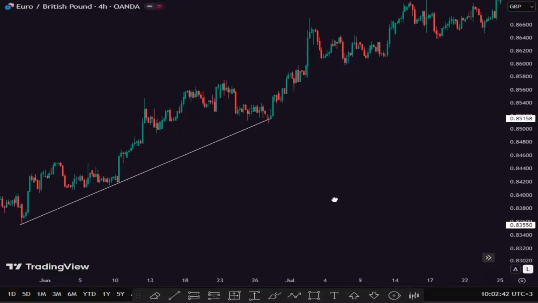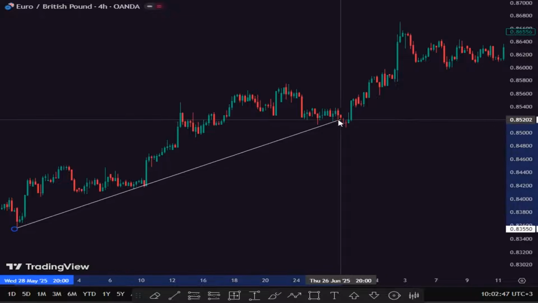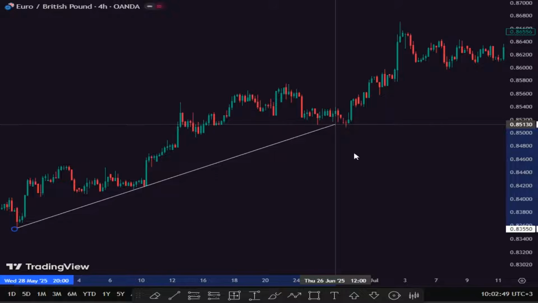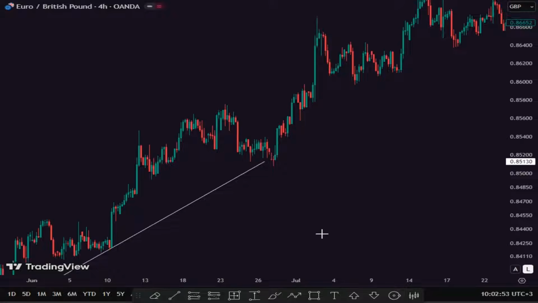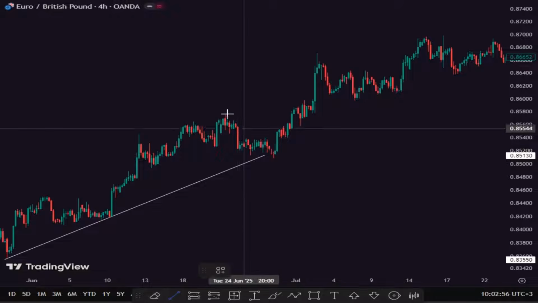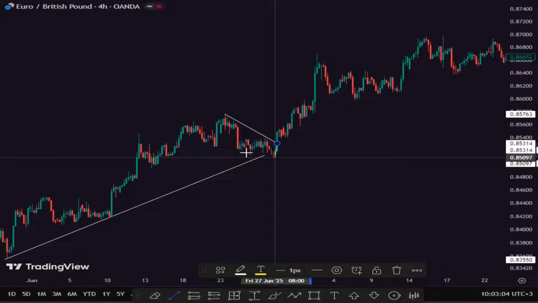We can zoom in right there. We see we have a good touch. Now here come the patterns. The reason patterns are so important is that if you miss the pattern, you will not understand what price is telling you. Right here, this is also another trend, but it is a pattern.